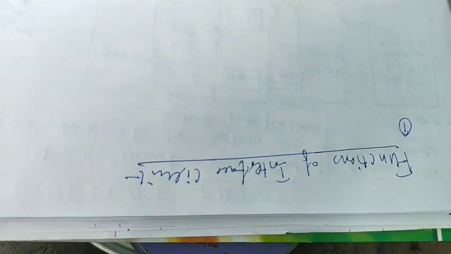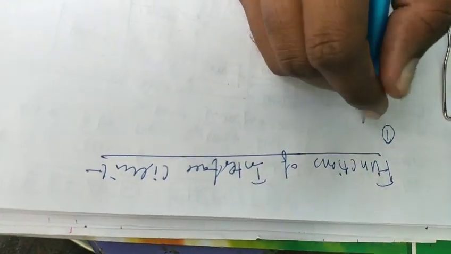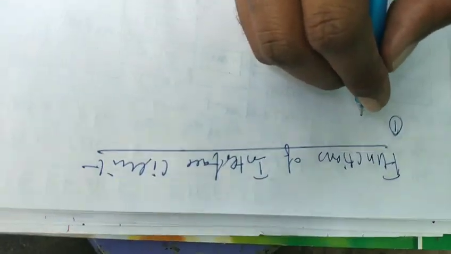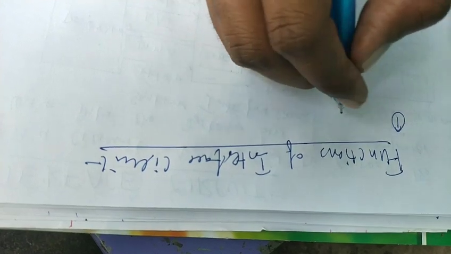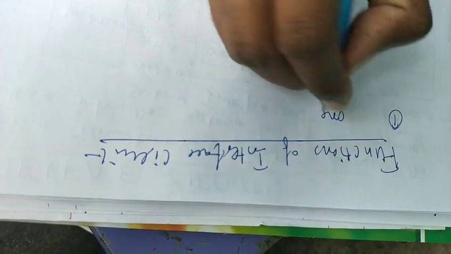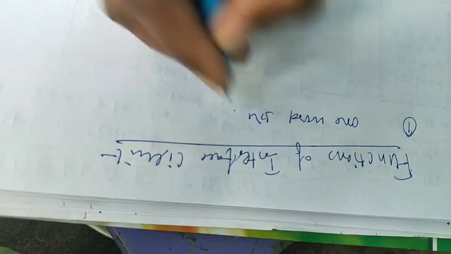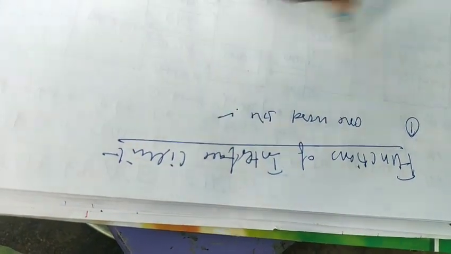The first main function is that the interface circuit provides a buffer of at least one word size to store the encoded data. That is the first function.